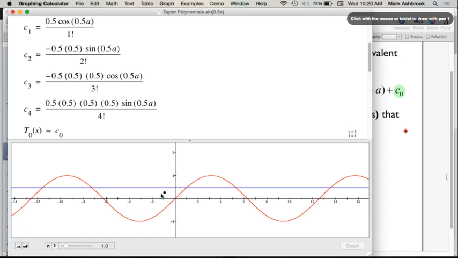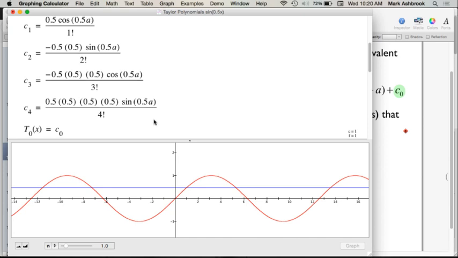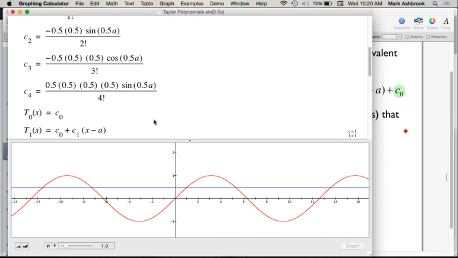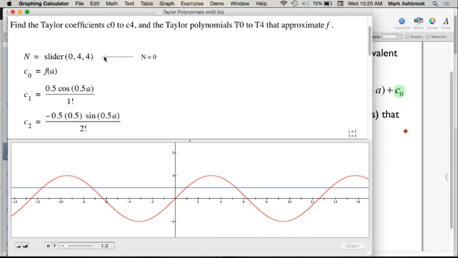But nothing else about that blue graph is correct in terms of trying to approximate sine of 1/2 x. So then when I show you T1 of x, what will the blue graph become? Good. Right, the tangent line, because the tangent line gets the function value correct and also the first derivative correct.